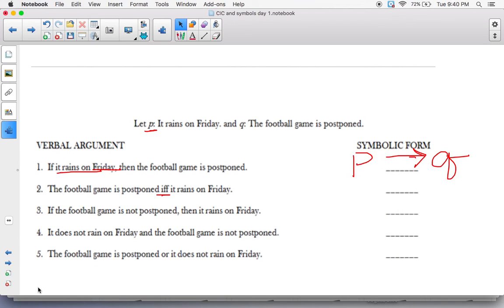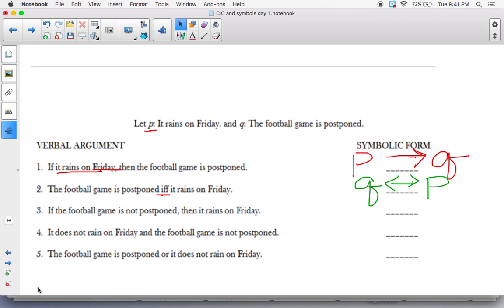It rains on Friday. The ball game is postponed is represented by a Q. Then we have if and only if, P for Friday. Now look at number 3.